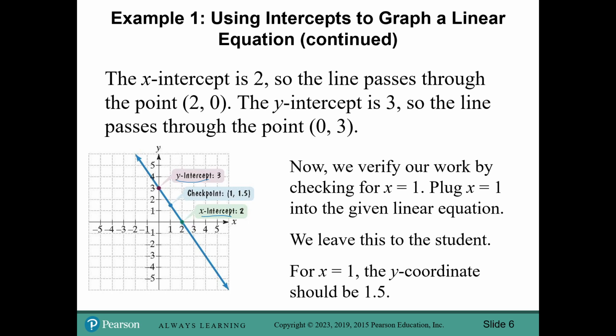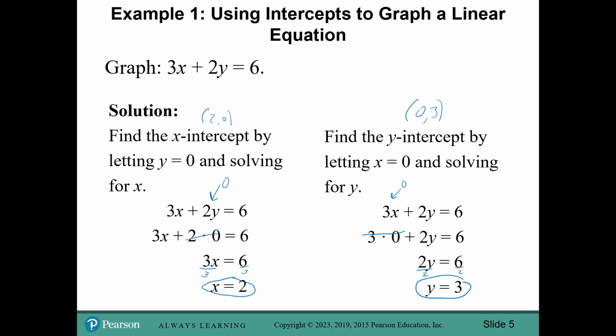Very easily here. But if we want to verify our work by checking for x equals 1, we can plug x equals 1 into the linear equation. Now, you can go back and do that if you want to. Here's the equation. If you plug x equals 1 into this equation, you get 3 times 1 plus 2y equals 6. That means that 3 plus 2y equals 6, right?